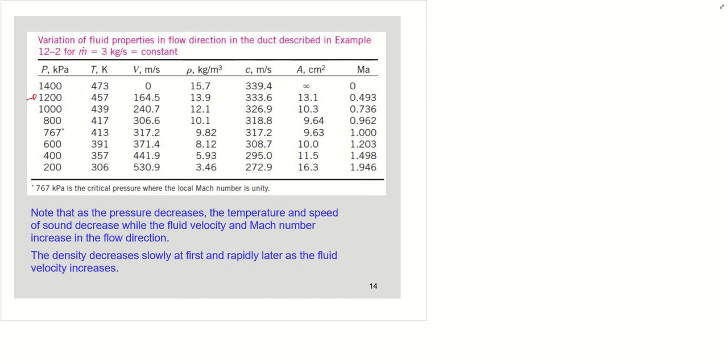So pressure decreases, area also decreases, down to this condition 9.63, which is where the Mach number is unity, in the region of Mach number less than 1. So in the region of Mach number less than 1, when we decrease the pressure, the area also decreases.